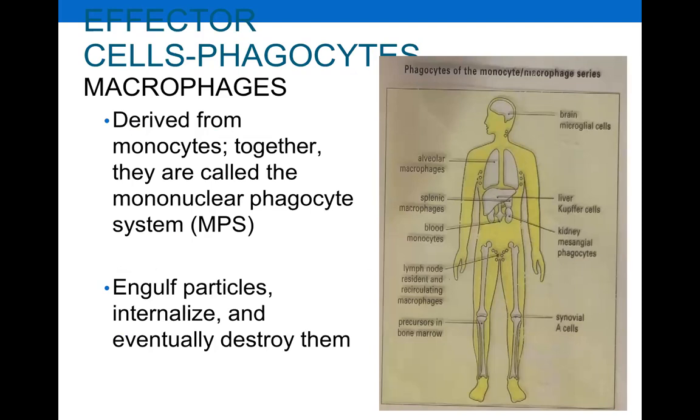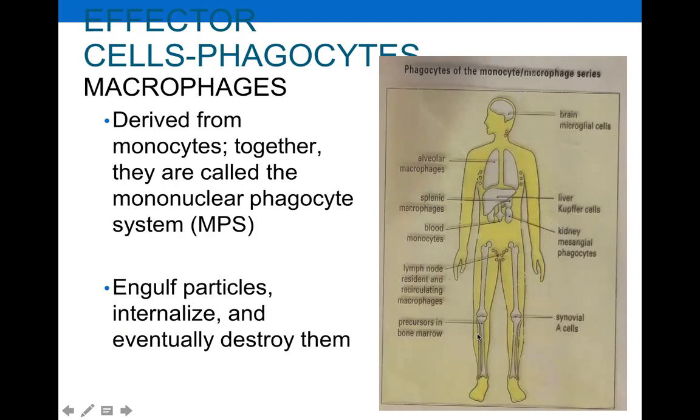We have different phagocytes of the monocyte macrophage series. The ones that we find in our brain are called your microglial cells. In the lungs, we have the alveolar macrophages, known as your dust cells. In the liver, we call the macrophages your Kupffer cells, while in the blood, they are called your monocytes.